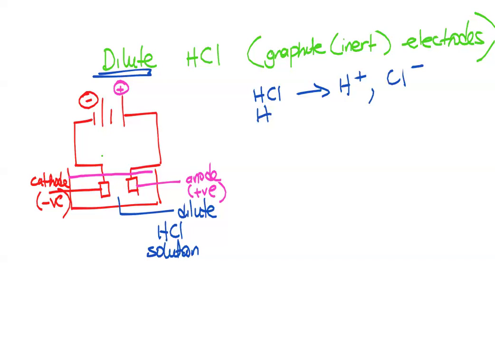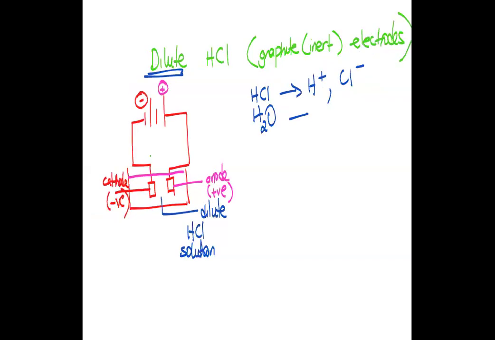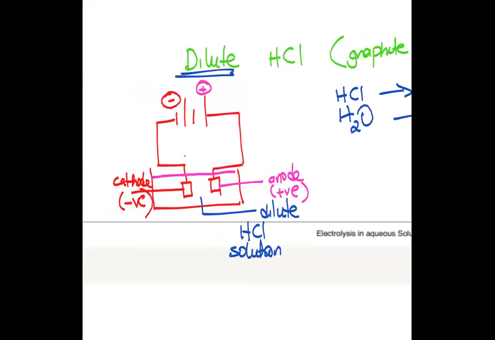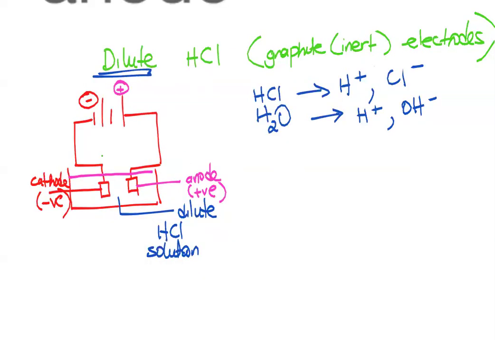The ions from the water, which is only weakly ionized though, will be H plus and OH minus. Is this okay, everyone? Are these the ions that will be present in dilute HCl? You'll agree? All right.